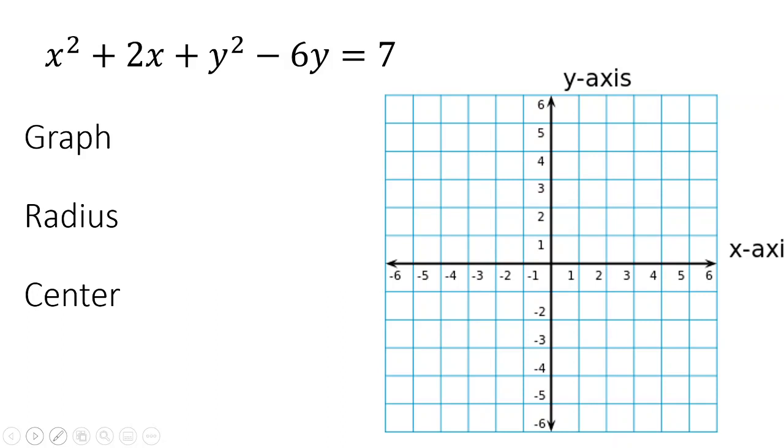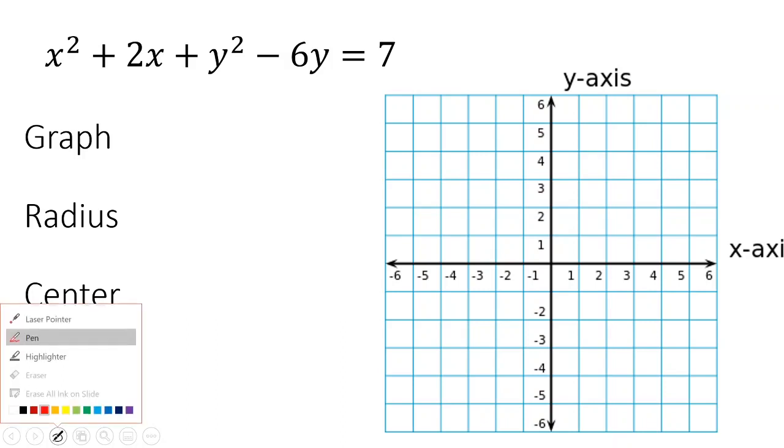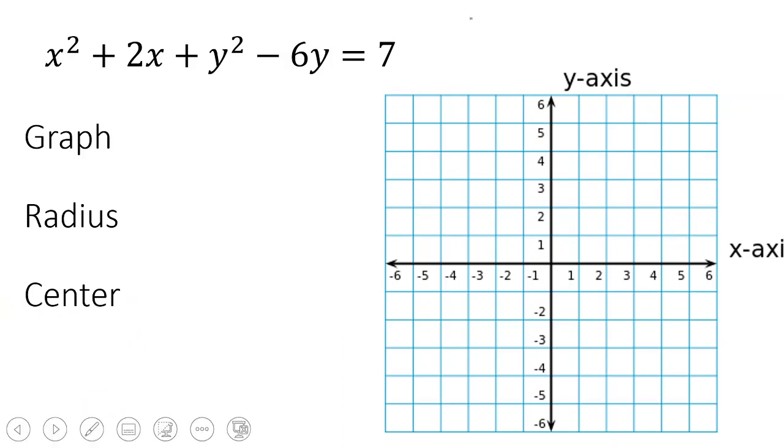All right, as we move on, we can see that this one brings up a new problem. The problem here is that this particular equation is not in graphing form. Let me remind you what graphing form looks like. It's x minus h squared plus y minus k all squared equals r squared.